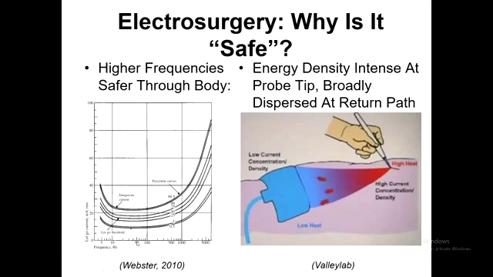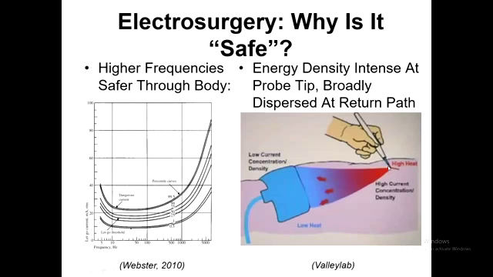Because these things are operated at very, very high frequencies, we don't get the dangerous current levels as readily. So there's a lot of value in running at high frequencies. You don't get the usual electric shock, macro shock or micro shock occurring.